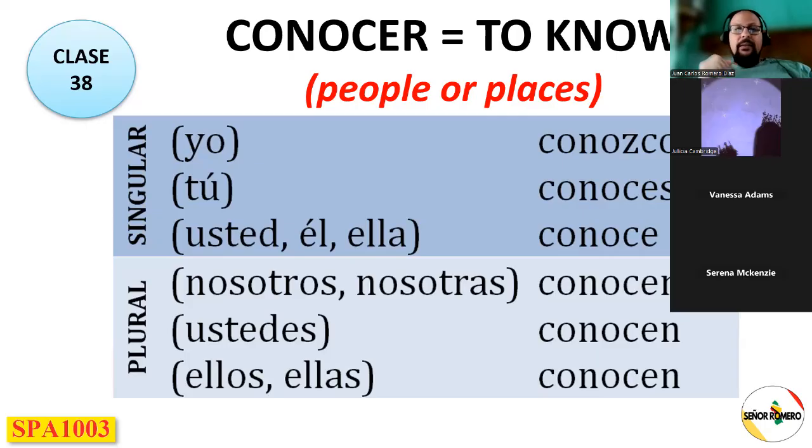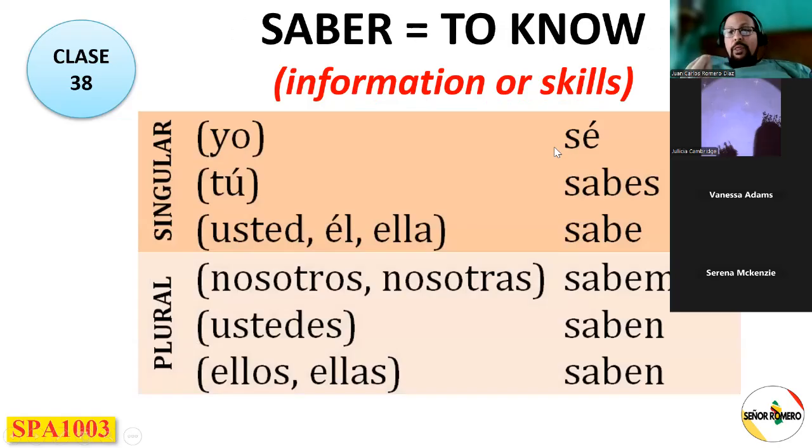So, conocemos a Celine Dion. Now, if what you know is something, then you will use the verb saber. Sé, I know. Sabes, you know. Sabe, he or she knows. Sabemos, we know, and so on.